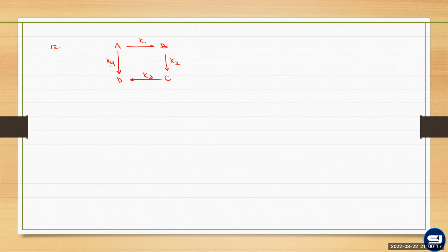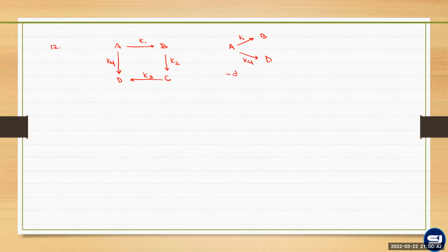हाँ, आंसर B है। अब मुझे बताओ dA by dt, if I want to find, what type of reaction do you observe with respect to A? It's a parallel reaction. A is giving you B and A is also giving you D with the rate constants K1 and K4.